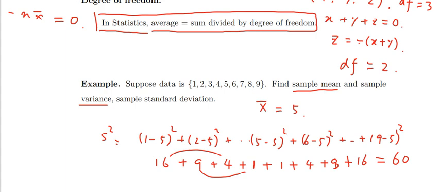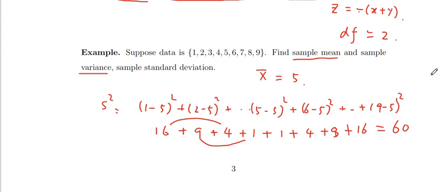So this is 60, and we should divide by n minus 1. Here we should divide by 8, not 9. We have n numbers, so we have 9 numbers, n minus 1. So s squared, the variance, equals this. And what is the sample standard deviation?